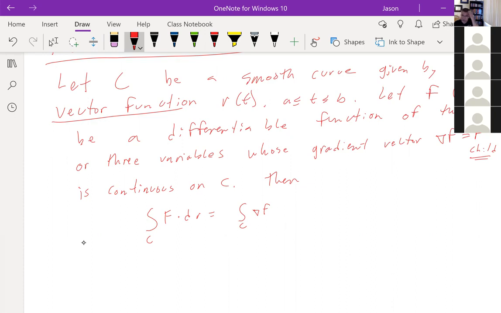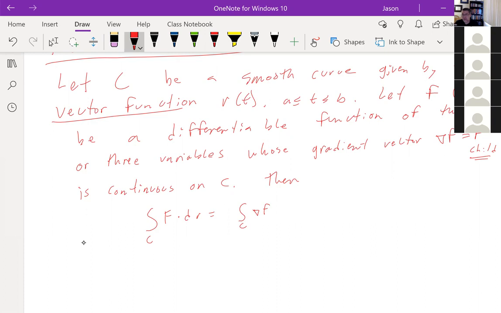We're saying that there exists a parent function such that if I take the gradient of that parent function, I get the capital F function. So it's a little different in that capital F is the gradient. It is not the antiderivative. If you think back to antiderivatives, you think, oh yeah, capital F is my antiderivative. That's not the case here.